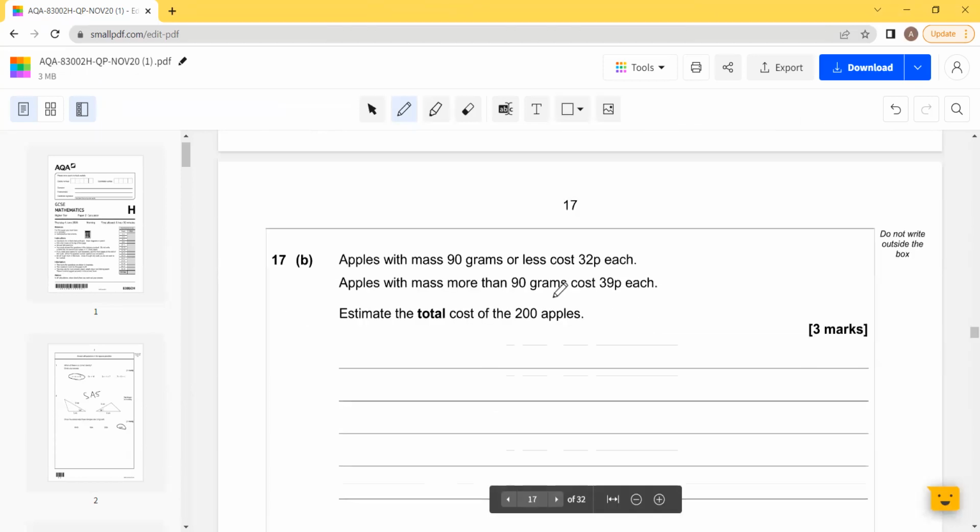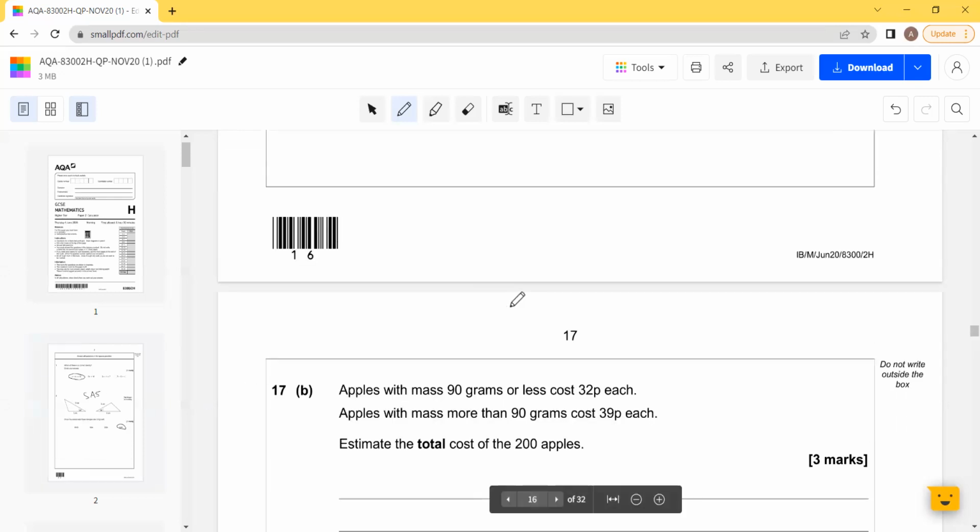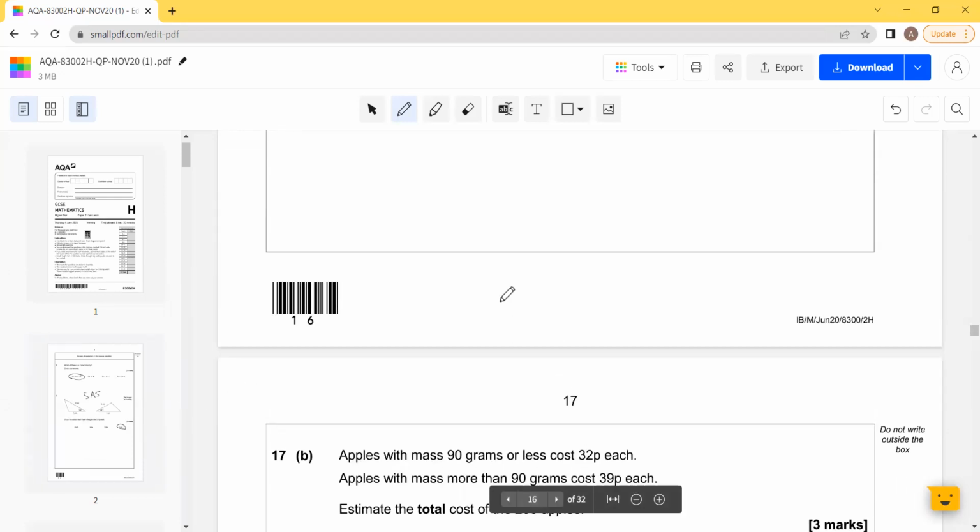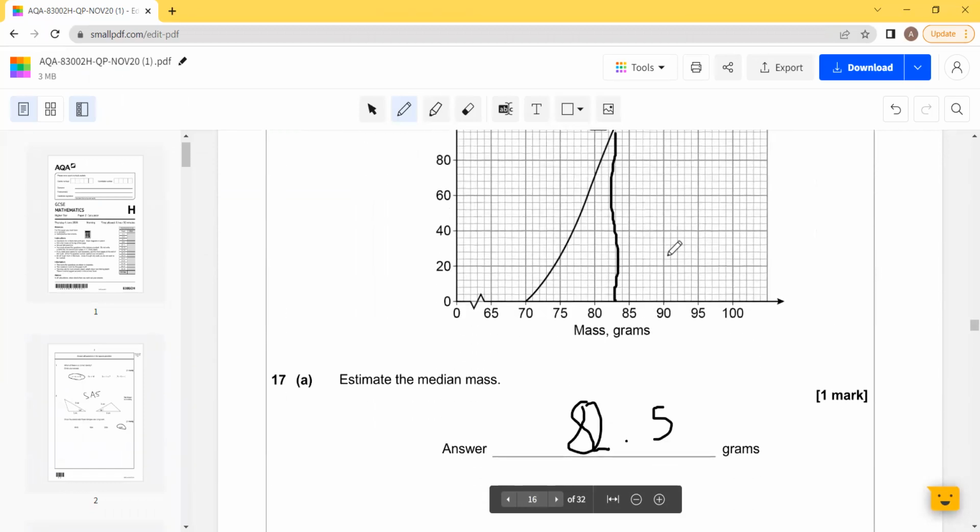Okay, 17b. Apples with mass 90 grams or less cost 32p each, and apples with mass more than 90 grams cost 39p each. Estimate the total cost of 200 apples. Okay, so all we have to do now is use the cumulative frequency graph to work out how many apples are of each category.